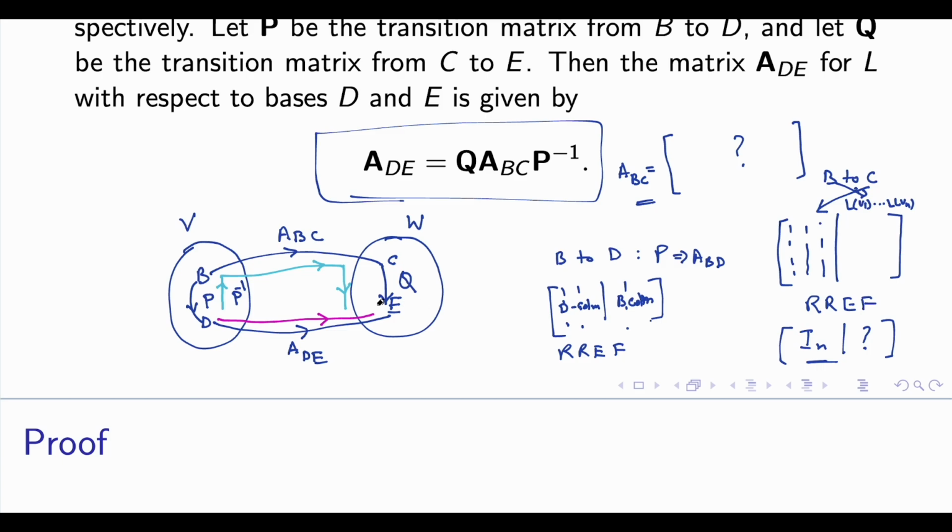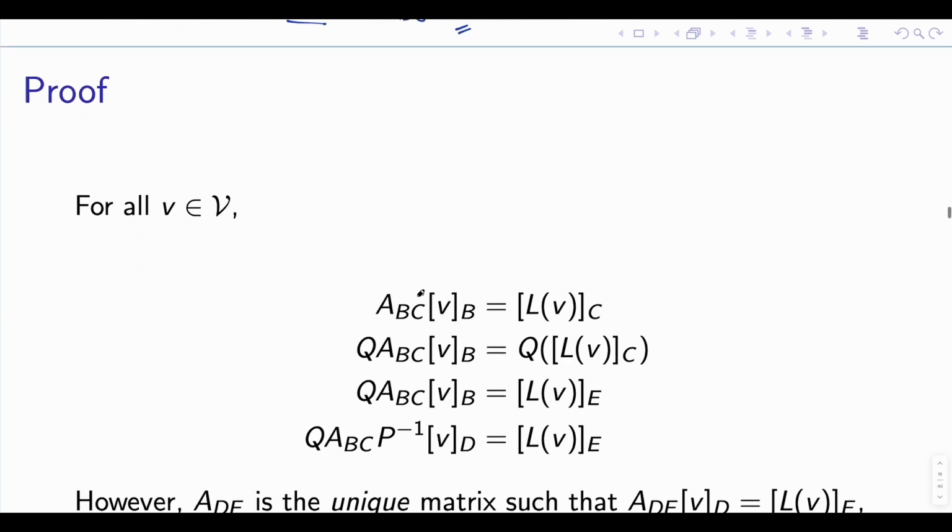So I want to write A_DE, and we can say that A_DE can be written as Q first, then A_BC, then P inverse. This is actually very simple, right? And this is very interesting as per the coordinatization we have done so far. Okay. So now let us see the proof.